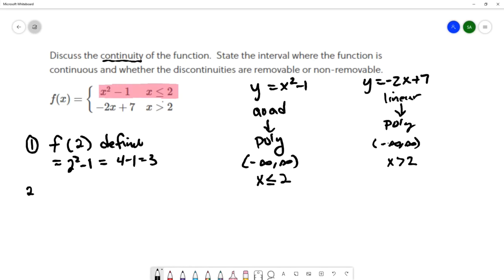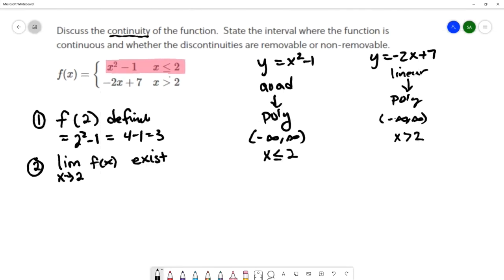Now the second criteria for continuity is that the limit needs to exist. The limit as x approaches 2 of f of x needs to exist. Now because this is a piecewise defined function, we're going to look at the one-sided limits. So we're going to look at the limit from below as x approaches 2 from below.